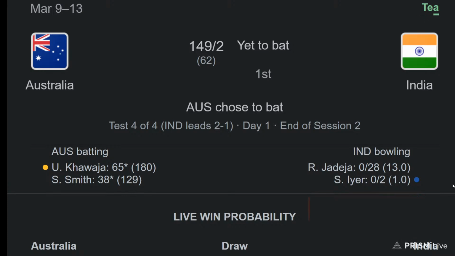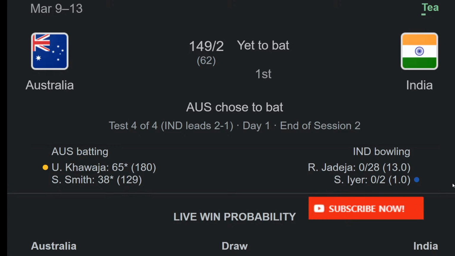Steve Smith 38, balls 129. Umesh Yadav, new bowler, 10 overs, 2 maidens, 35 runs, no wicket. 3.5 is the economy.